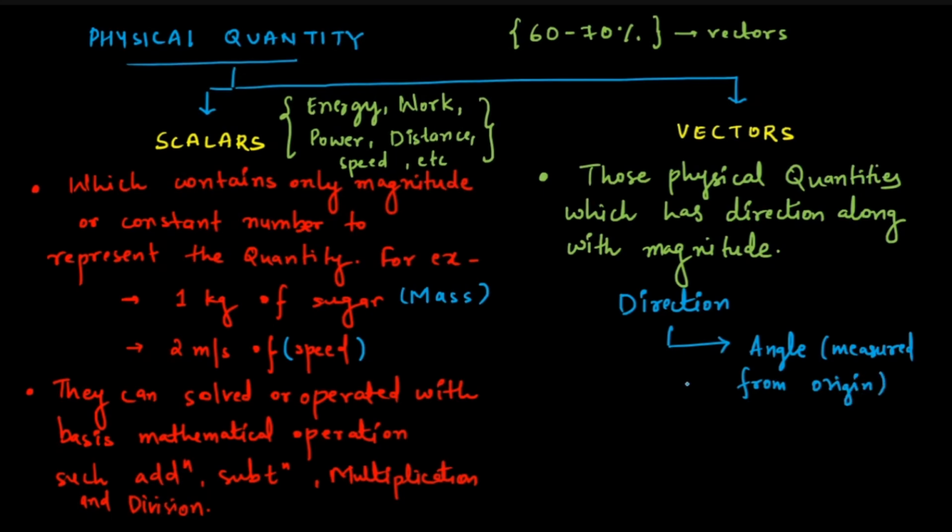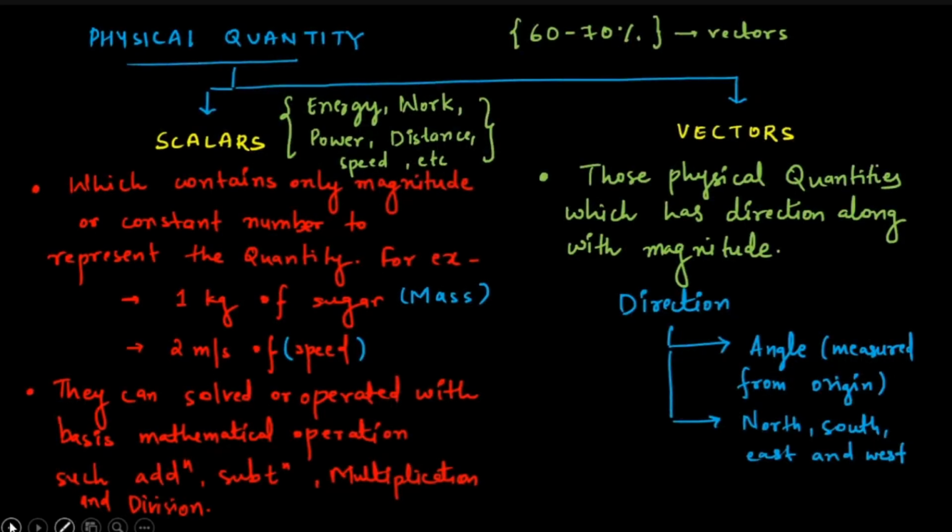Similarly, for representing direction, you can also use north, south, east, and west. These are the basic directions which we have seen so far in our previous grades. So we'll be using these two things to represent the direction of any physical quantity which is vector in nature.